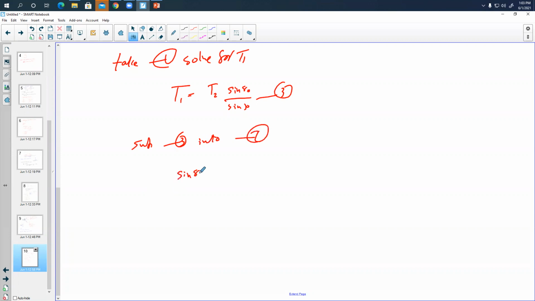That means your sine 80 divided by your sine 10, T2 cosine 10 minus T2 cosine 80 minus your weight is going to equal 0.